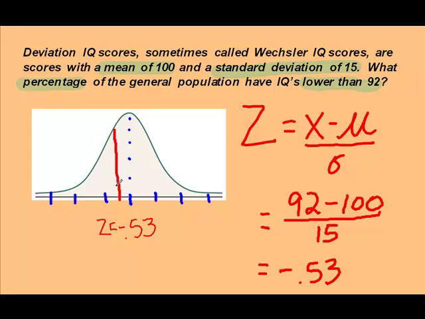I'm looking for the percentage of the area, probability, percentile of the population that are less than 92. So we go find the probability given the z-score.